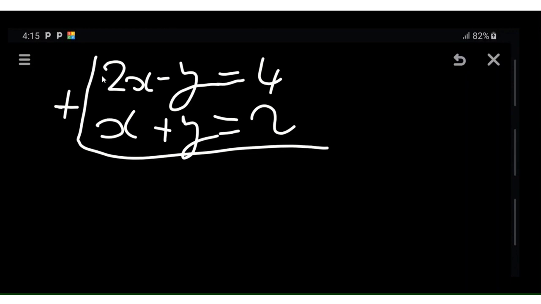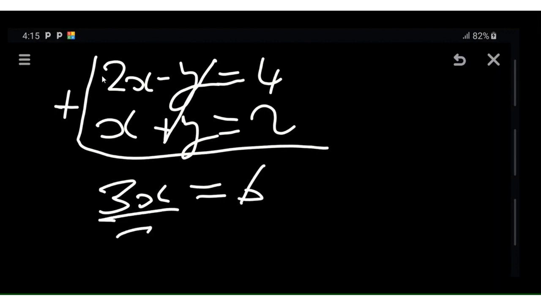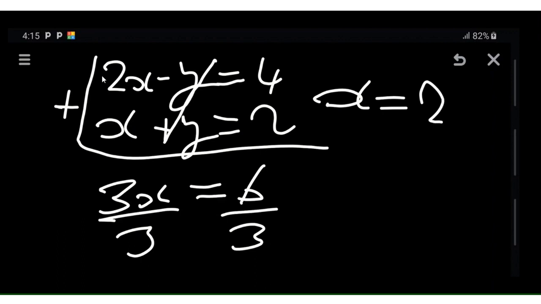Here is 2x and this is x, so it can't cancel. So if I put plus, this one will cancel, and I'll have 3x is equal to 2 plus 4, which is 6. So divide by 3. My x is equal to 2.